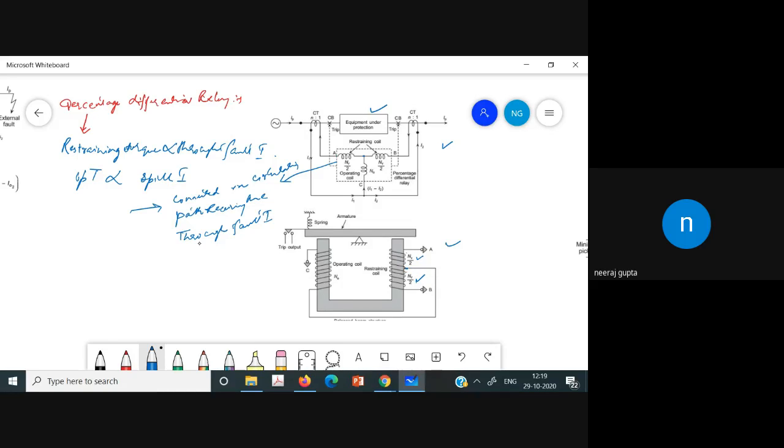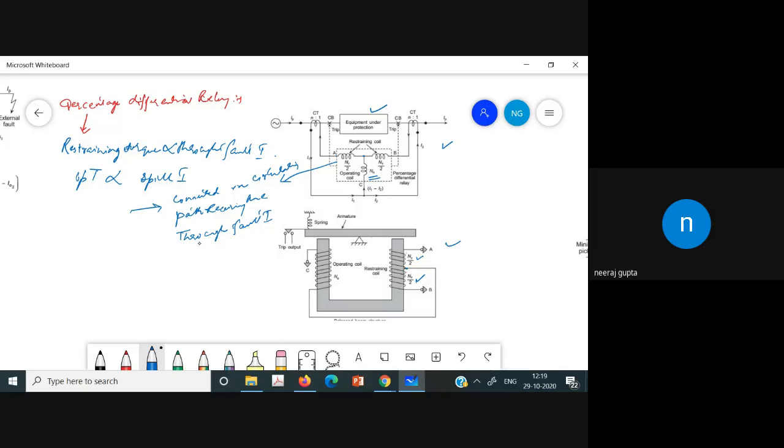Now the operating coil has n naught number of turns, and it is connected in the spill path. That is, it is connected at the terminal C, and then center tapped here.